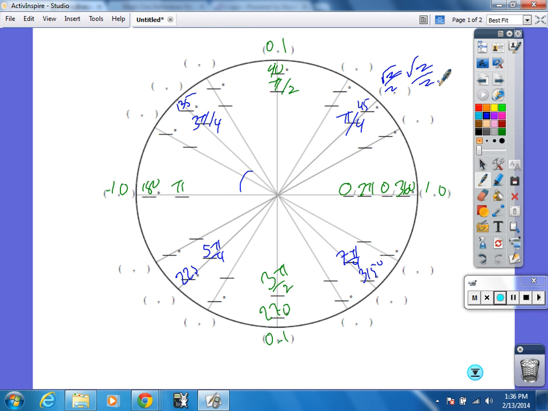So what's this coordinate right here? Why is it negative root 2 over 2? This guy wasn't negative. You're right, but tell me why. Because I'm over x, up y. So is the y value positive or negative? Positive because he's up, huh?